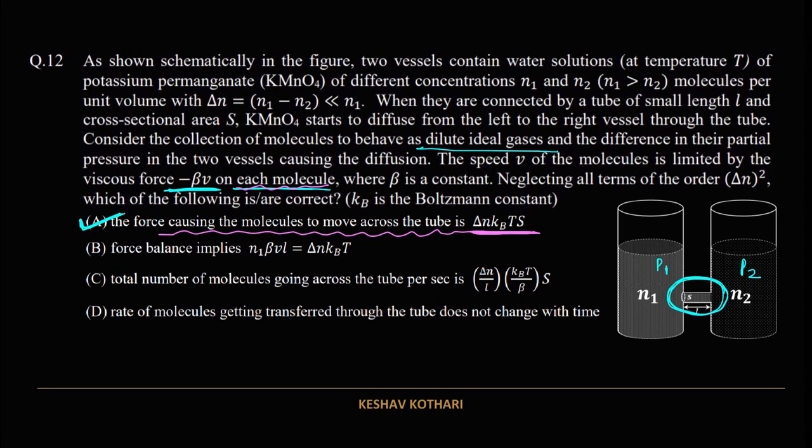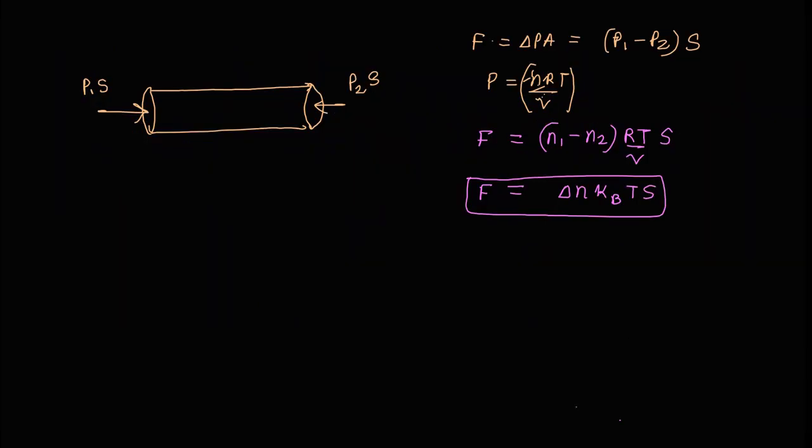Now the viscous force is equal to beta V, and it is said on each molecule. So I can write over here that the viscous force, that is beta V into N1 A into L, is equal to delta N KBT into A, where we have put the area as A. So we obtain that beta V N1 L is equal to delta N KBT.